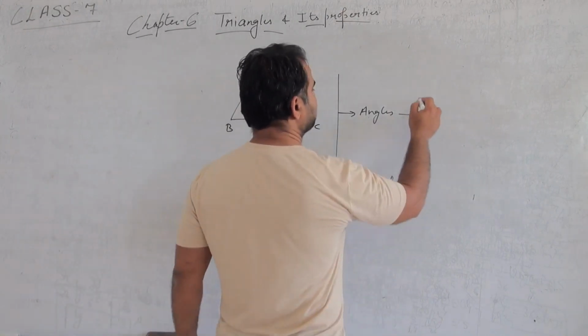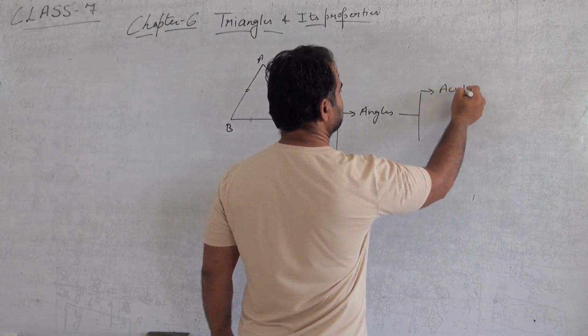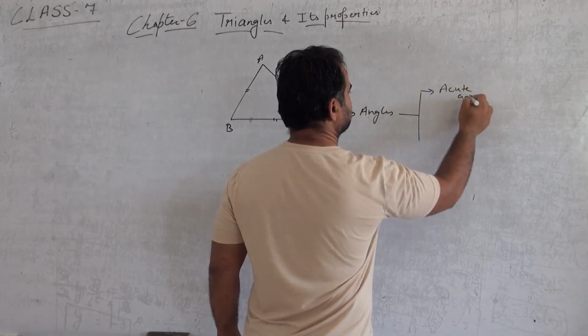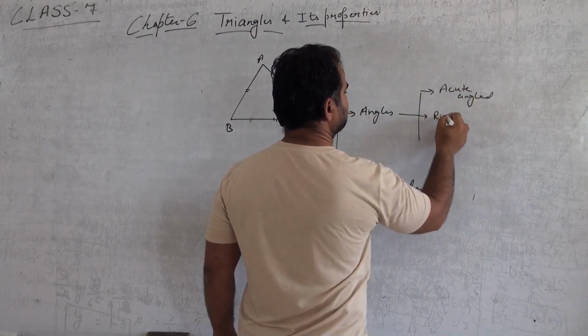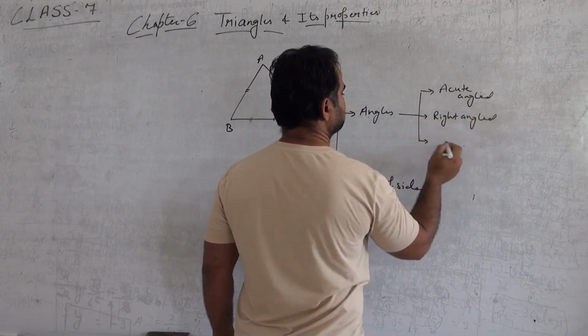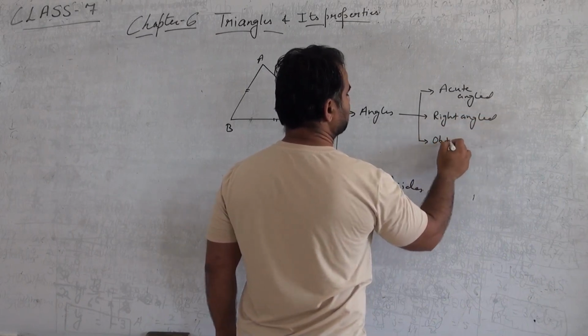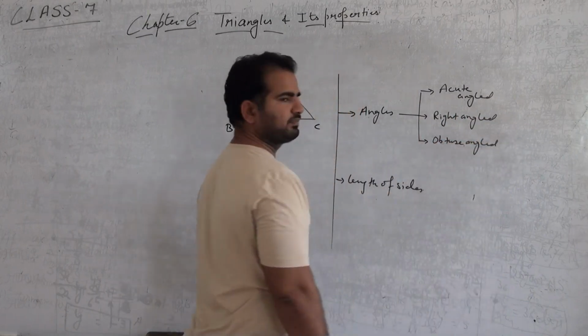There are three types of triangles according to angles. First is acute angle triangle, second is right angle triangle, and third is obtuse angle triangle.